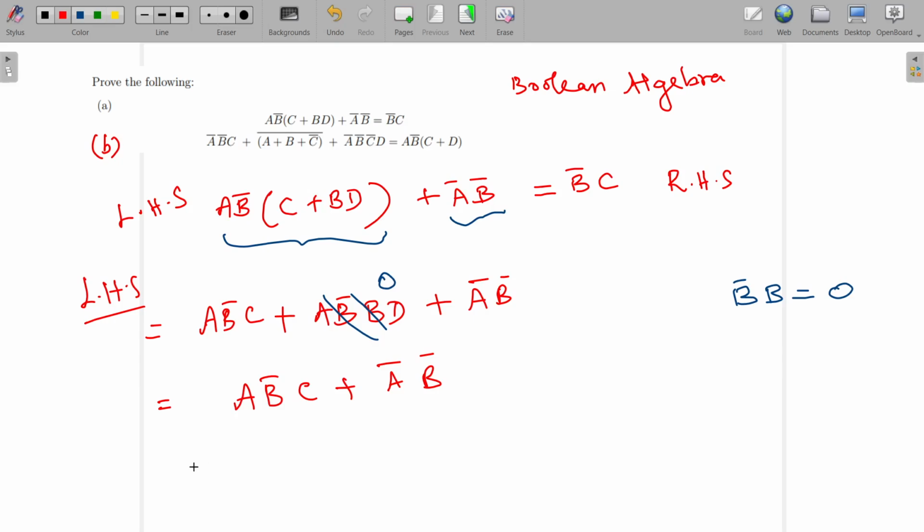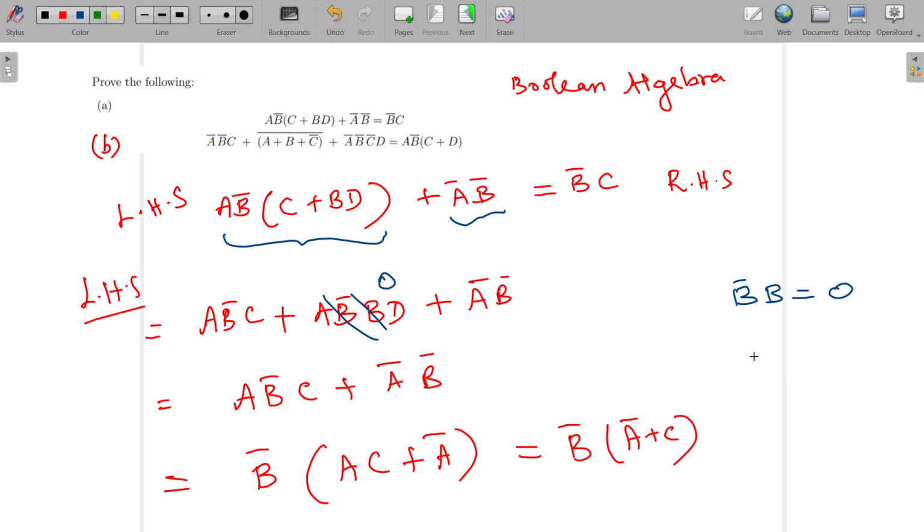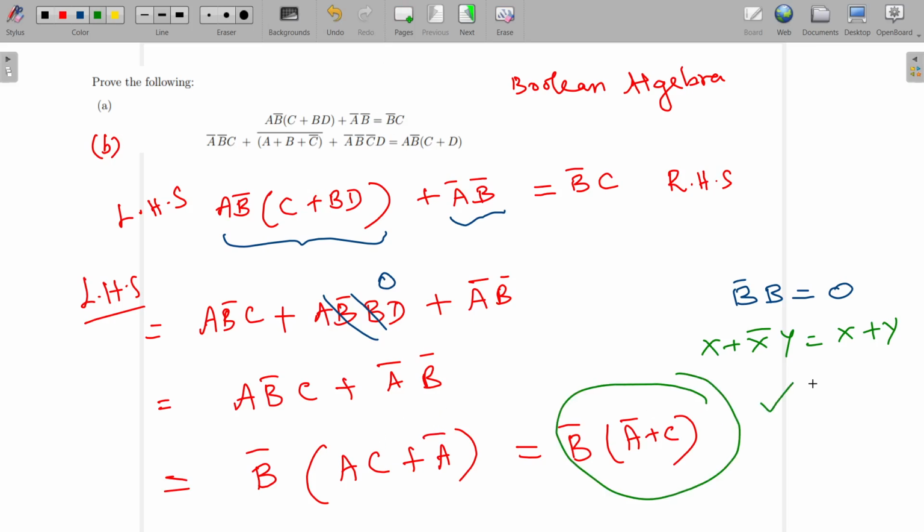As a next step, we take B bar outside, so we have AC plus A bar. This can be written as B bar into A bar plus C, because we can write X plus X bar Y as X plus Y. In the similar way, we have written A bar plus AC as A bar plus C. So this is the correct answer.